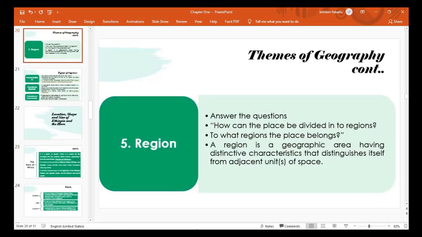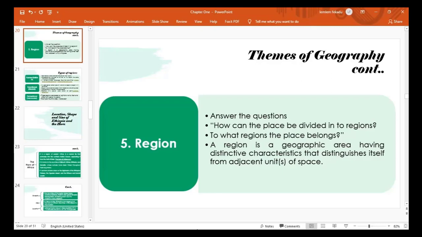The last, or the fifth, fundamental theme of geography is region. A region is a geographic area defined by one or more distinctive characteristics, or regions are also known as groupings of geographic information.